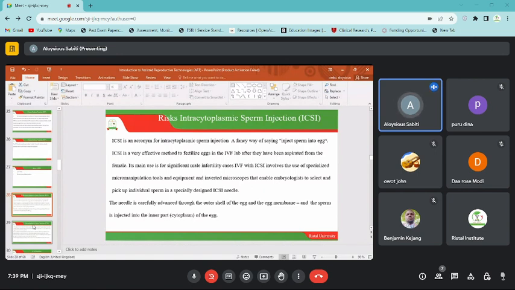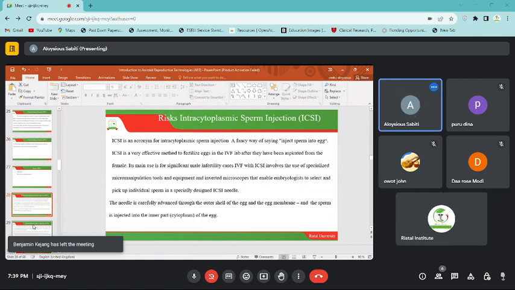So that is just the rough statement when we're talking about ICSI. And we know that it is very effective in fertilizing eggs in the IVF lab after they have been aspirated from the female. Its main use is for significant male infertility cases.